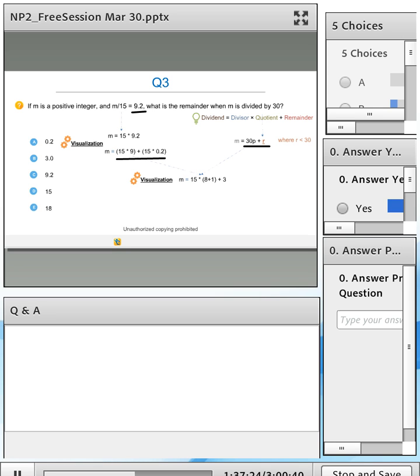What we get is 15 times 8 plus 15 times 1 plus 3. Now I break this 8 up into 2 times 4. Further processing, I get 30 times 4 plus 15 plus 3. So what I get is 30 times 4 plus 18. So 18 is my remainder.